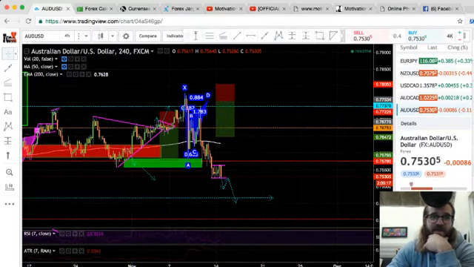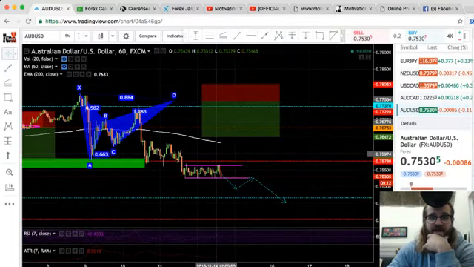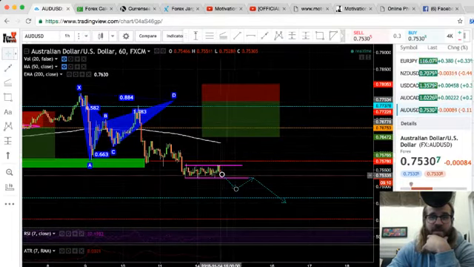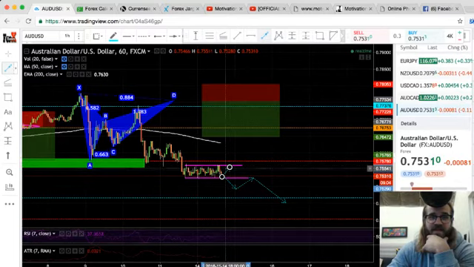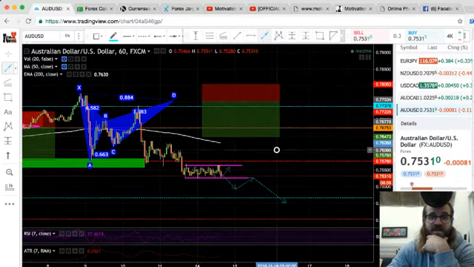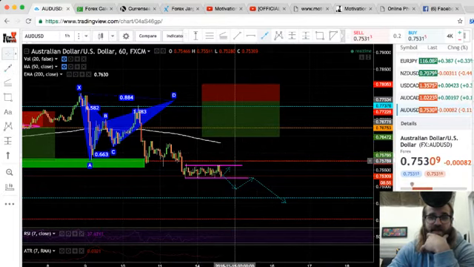But then it's just a matter of making your risk reward work out. You're probably not gonna achieve it right now, so you might want to wait for a second push here, see if we're gonna keep channeling this, and then put your stops above these highs right here, and then short it. That could be a possibility as well.